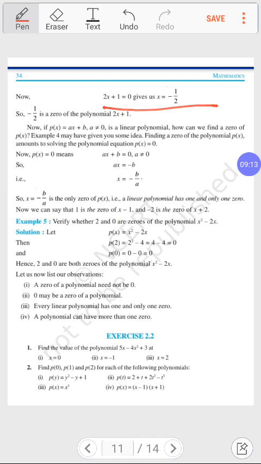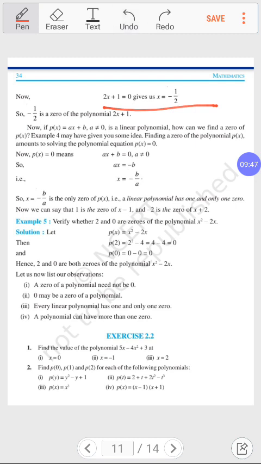I already gave the definition: linear polynomials are those whose variable has power 1. So it should be in the form ax plus b, where b can be 0 but a can't be 0. Why? Because 0 into the variable becomes 0, so it will change into a constant polynomial, not a linear polynomial. So a should not be 0.